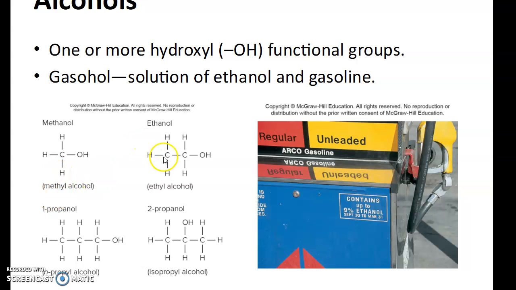Methyl alcohol. An alcohol group on an ethane group is ethanol or ethyl alcohol. This is N-propyl alcohol. This is isopropyl alcohol. Okay? So depending upon where it is bonded is where the N and the iso come into play. It's on the center one here, so it's iso. It's on the end one, so it's an N. N stands for normal.